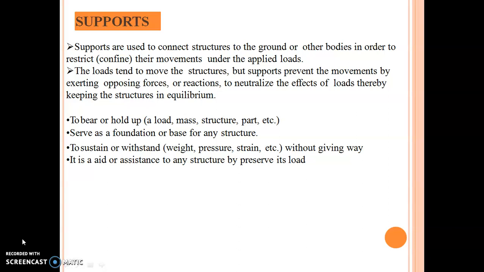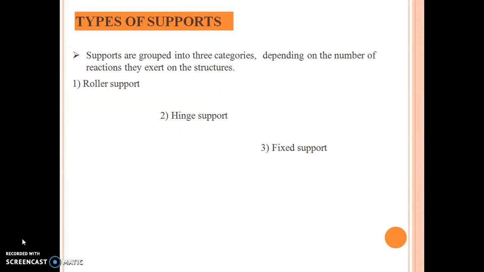As we know, a transverse load is acting over the member, and to sustain that load or weight or pressure without any deformation is the main purpose of a support. It is an aid to any structure by preserving its load. This is the main purpose of using a support.